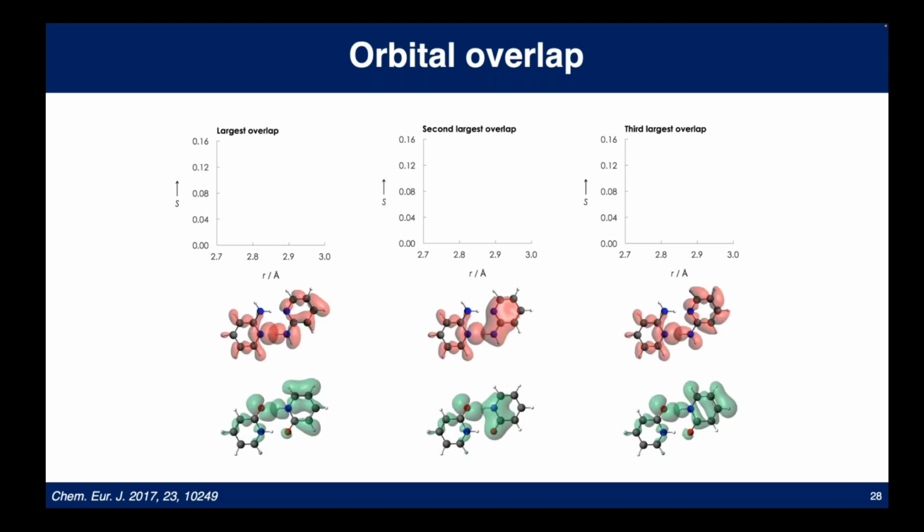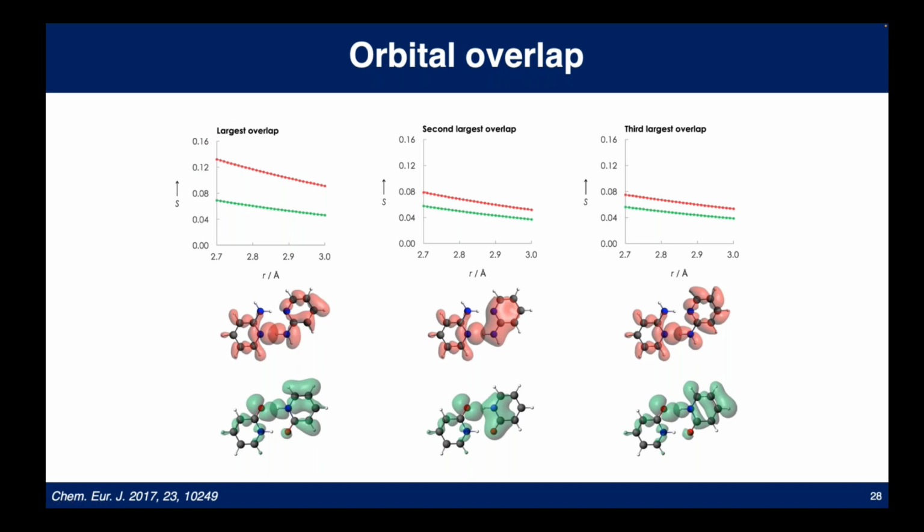And what we saw is that the largest overlap of CC is always twice as large as the one of the GG.